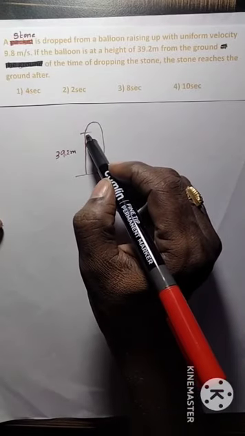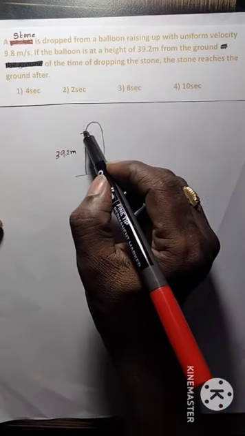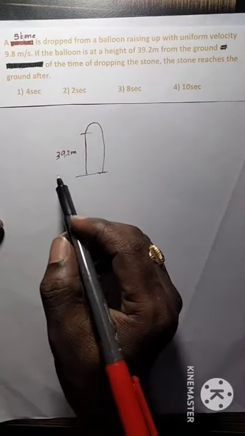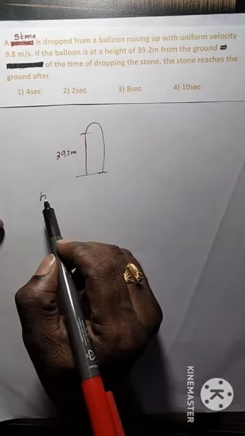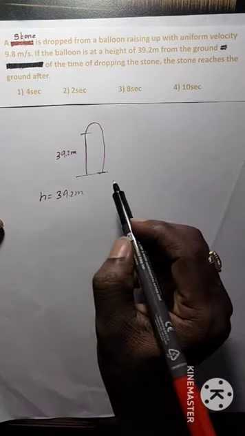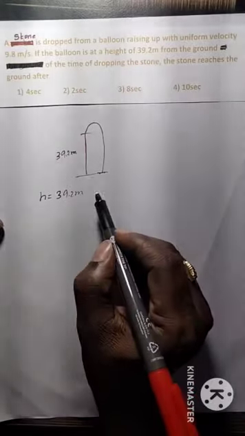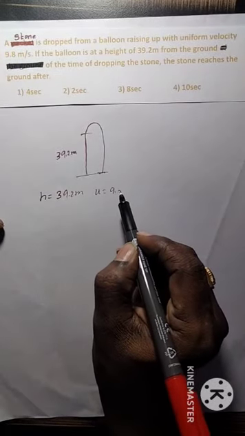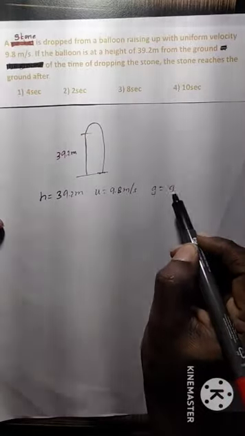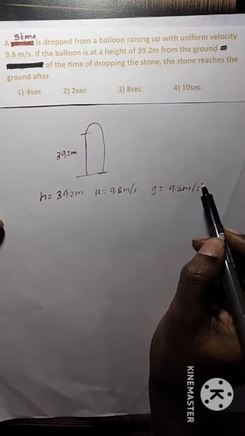At the time of dropping, it rises a little bit with a speed of 9.8 meter per second. So the height of the balloon from the ground is 39.2 meters, the initial velocity is 9.8 meter per second, and the acceleration due to gravity is also 9.8 meter per second square.